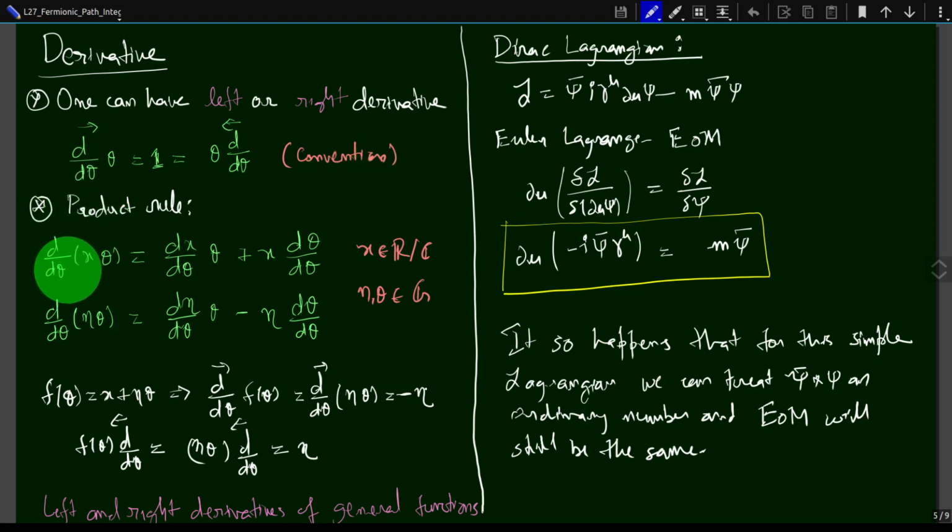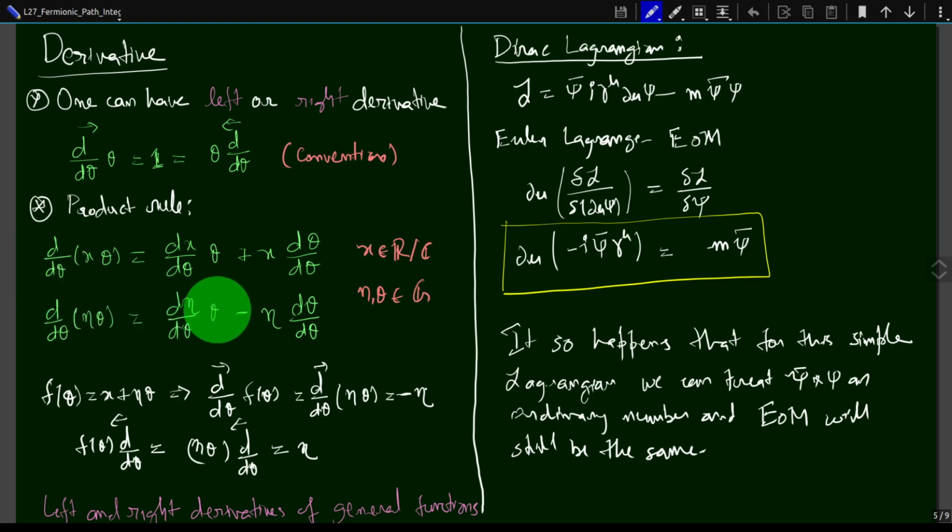The product rule is d by d theta acting on x times theta is dx by d theta times theta plus x times d theta by d theta, where x is a real or complex number. This is my standard Leibniz rule for taking the derivative of a product. And when I have d by d theta of eta theta, where eta is a Grassmann number, then I have the operator acting on eta from the left, because this is for the left derivative.